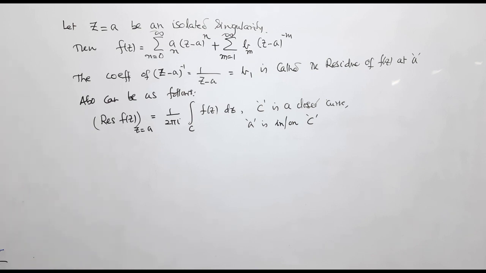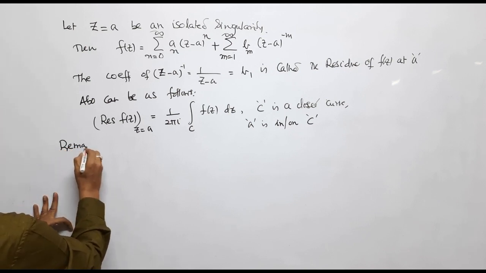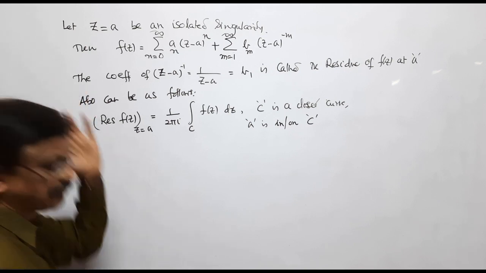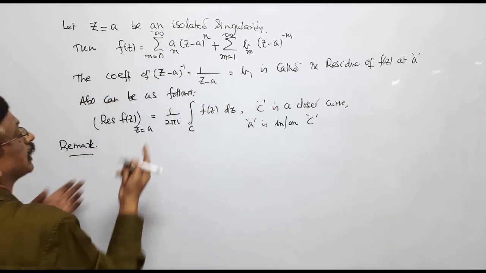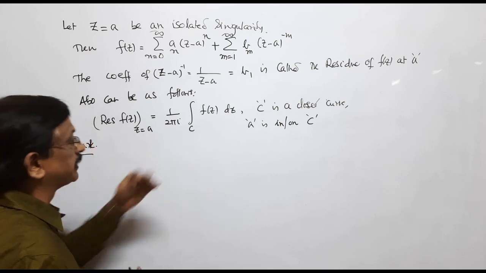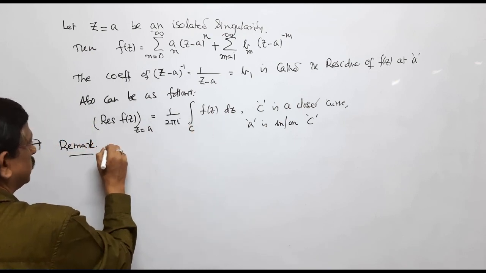Now, I have a remark. Actually I can prove all these things, but I will make it a remark to note how to calculate residue for different singularities, for different poles.